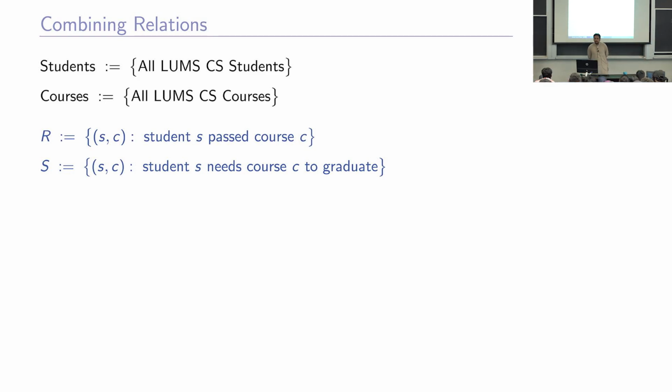R is a relation which lists all ordered pairs where the first coordinate is a student, an element from S, and the second coordinate is a course, an element from the set of courses.